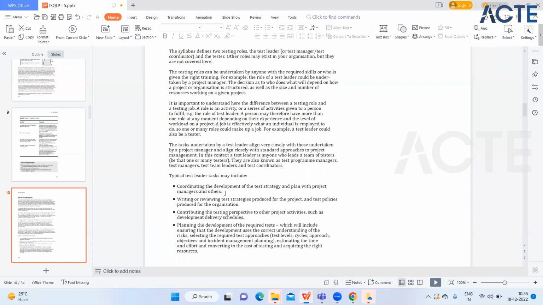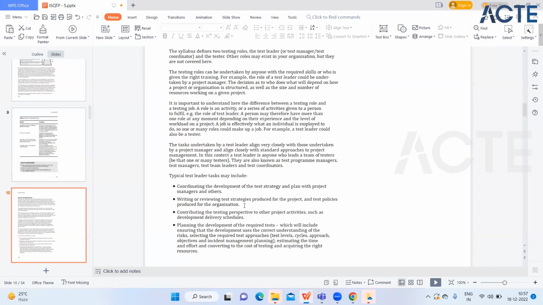Now, writing or reviewing test strategies produced for the project and test policies produced for the organization. We can say the testers have prepared the test cases or the test scenarios. So it's the responsibility of the test leader to review everything, and they have to check the test policies as well as per the organization.